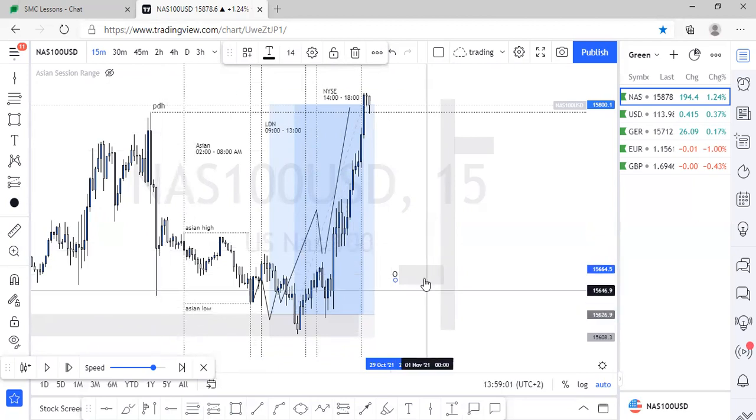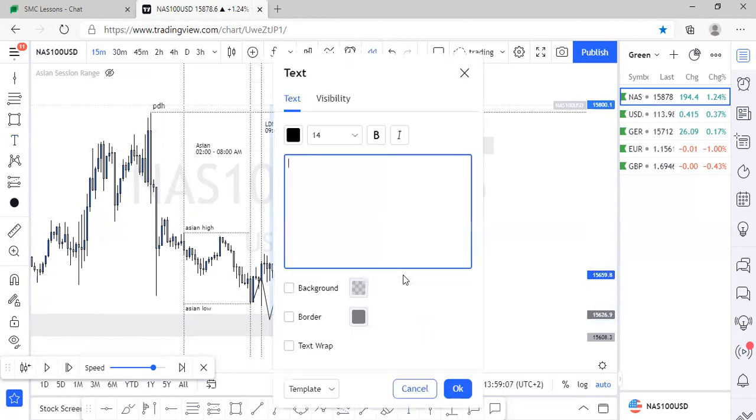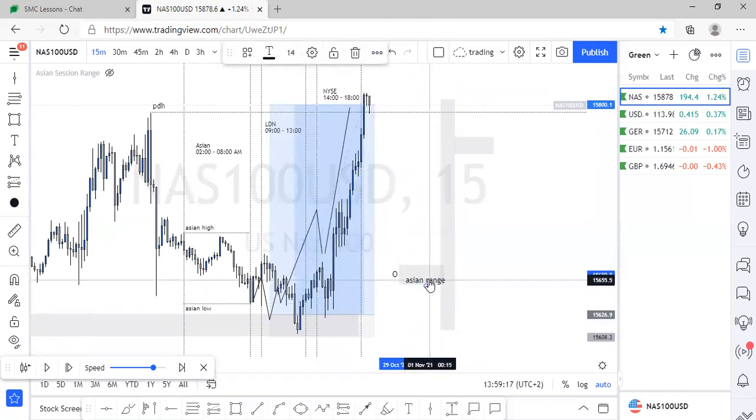We have that Asian range, touching the range after opening.